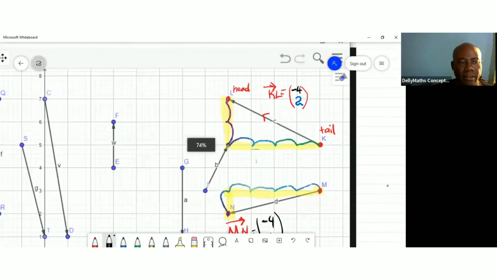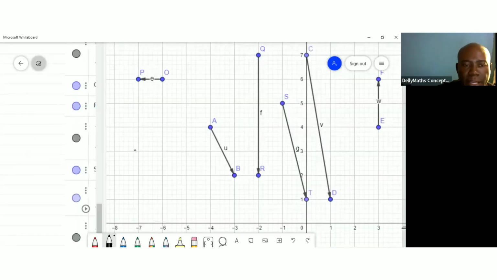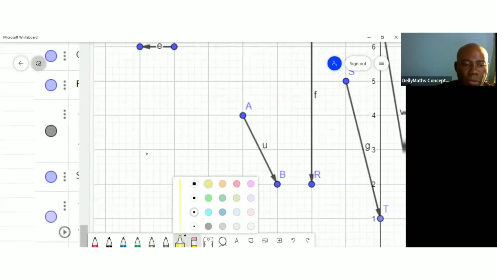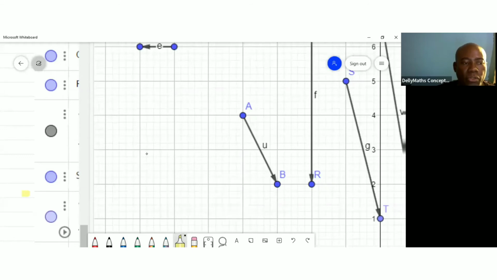Let's look at another vector, vector AB. In observing vector AB, we're moving from A, heading towards B, because we see the arrow pointing in that direction.